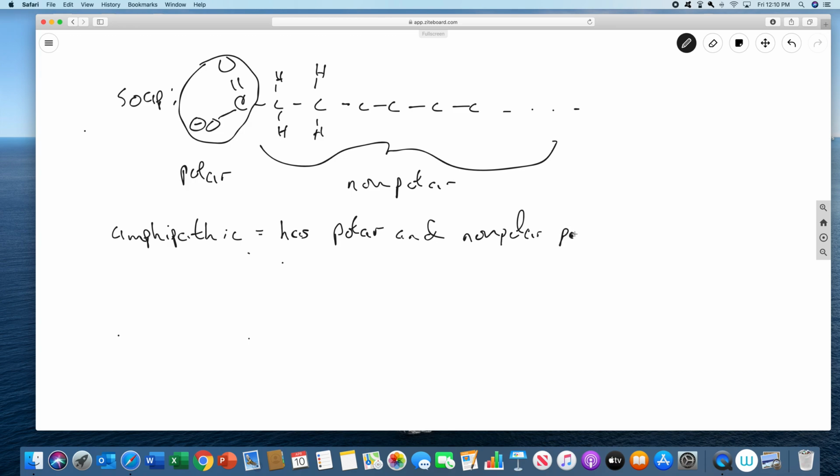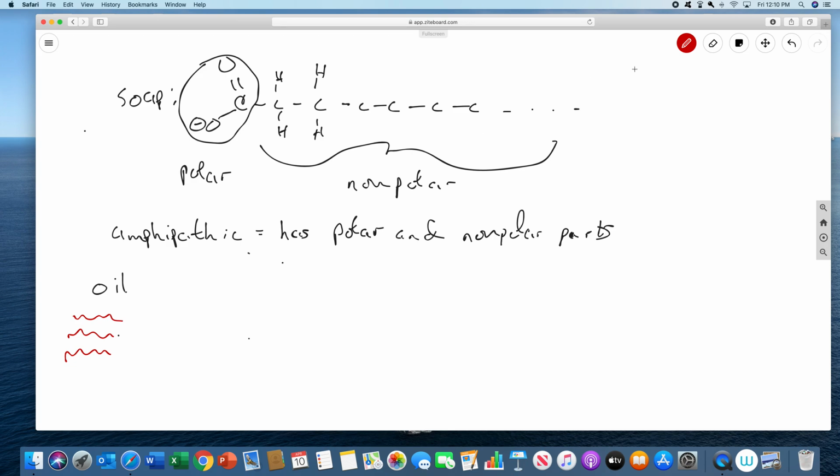So just to show you how soaps work, if we take an oil, and let's say we make the oil red. Okay, so we say oil, we'll make oil a bunch of squiggles like this. Oils are very nonpolar, they're long chains of carbon.